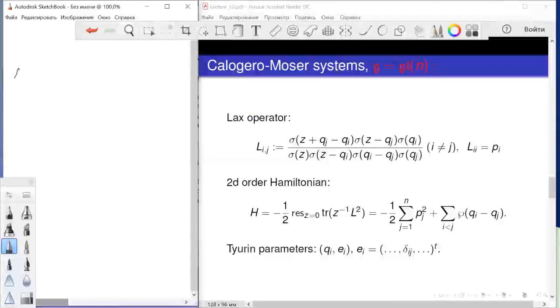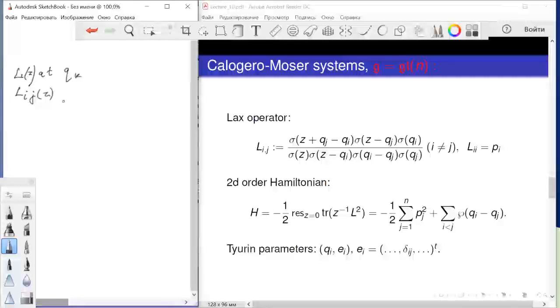Consider L of z at the point qk. Consider Lij of z.